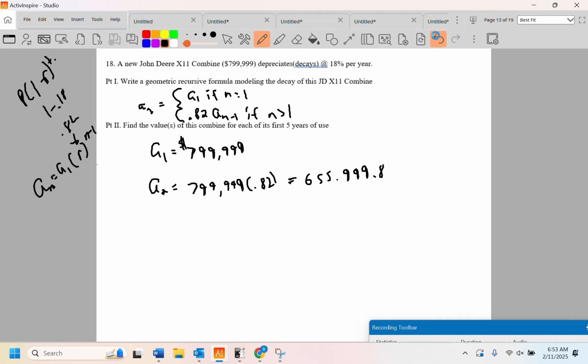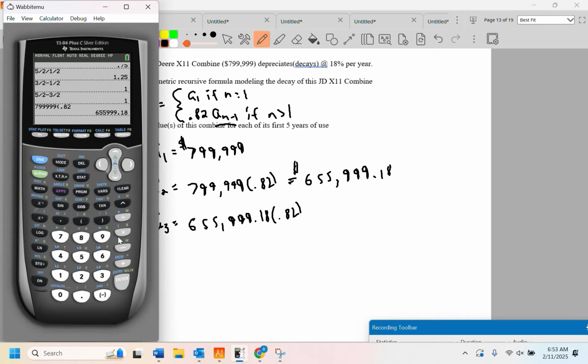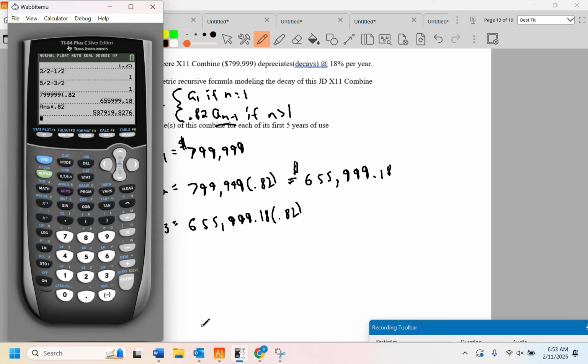All right, third year, it's going to be the previous year. That's what this means, previous term, times 82 hundredths. So 537,919.